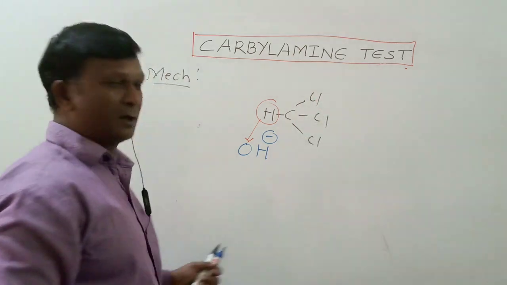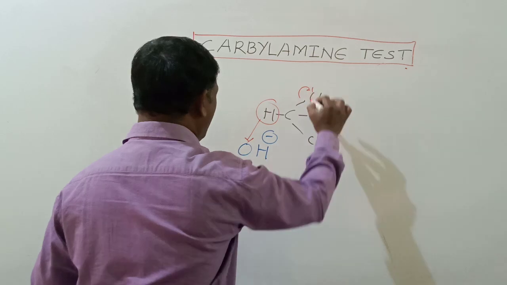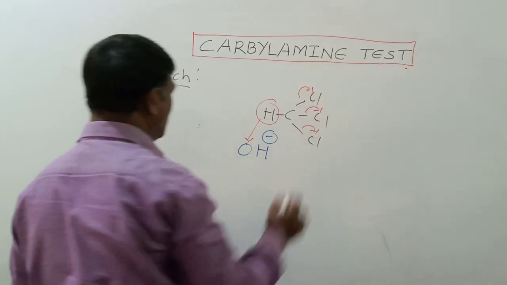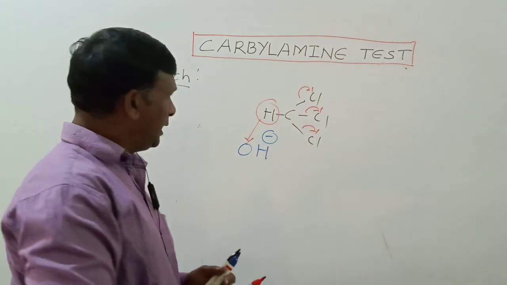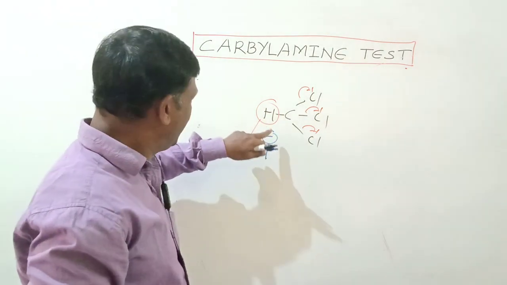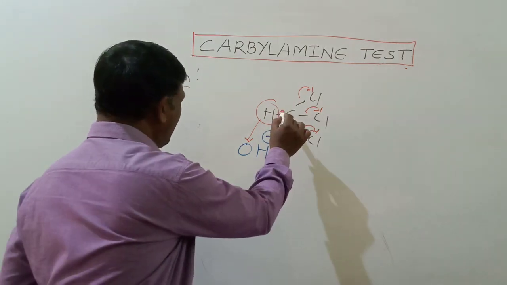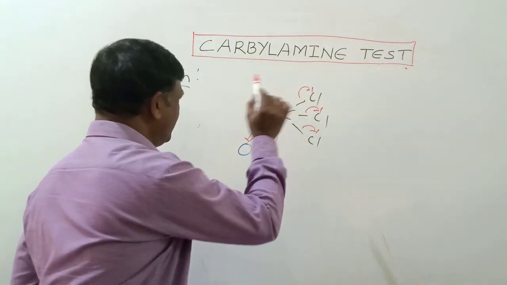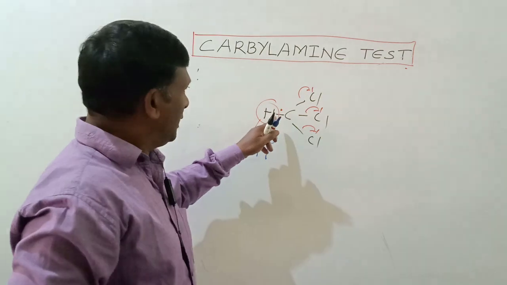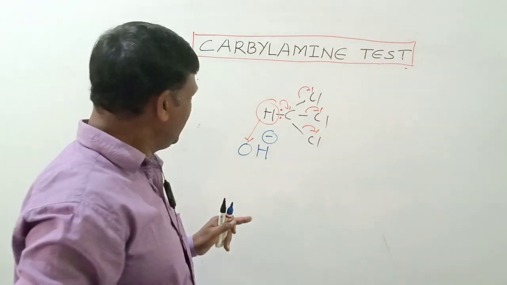All the chlorines are electronegative elements, so they attract the electron pair towards themselves. Now when the hydroxide takes this hydrogen, the electron pair will get shifted towards carbon.